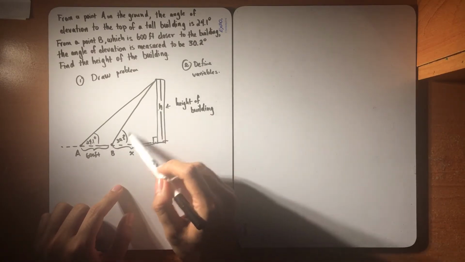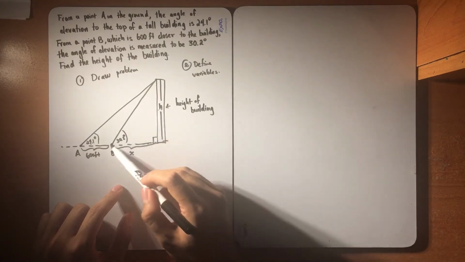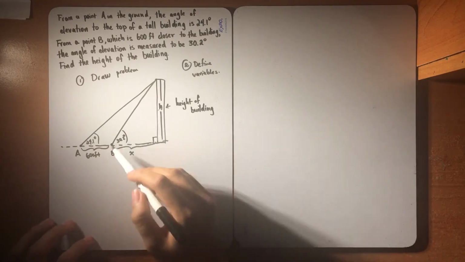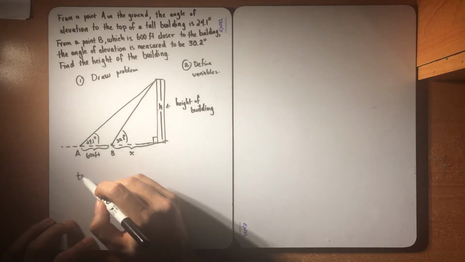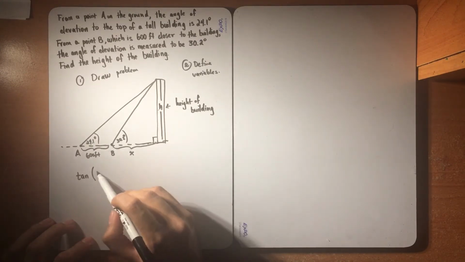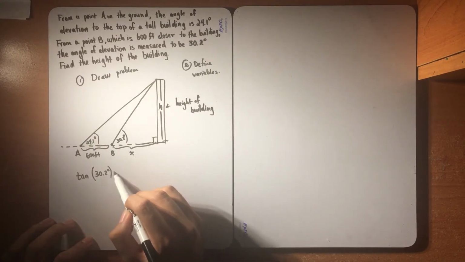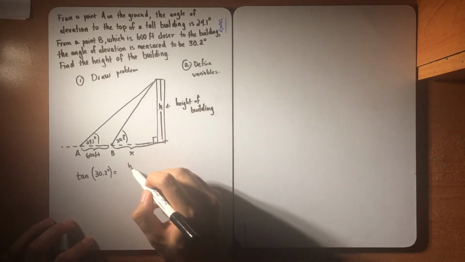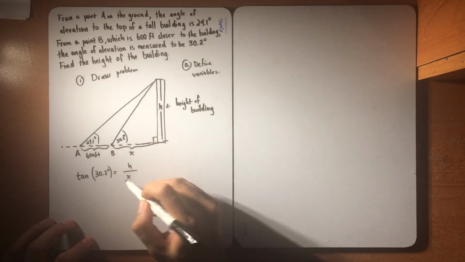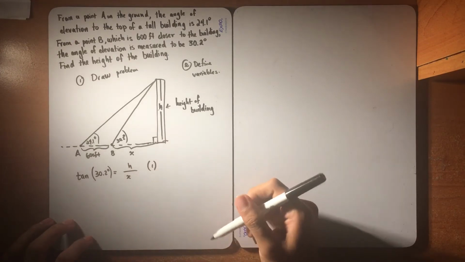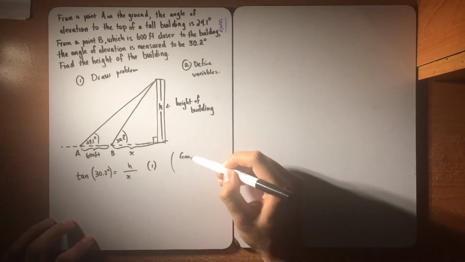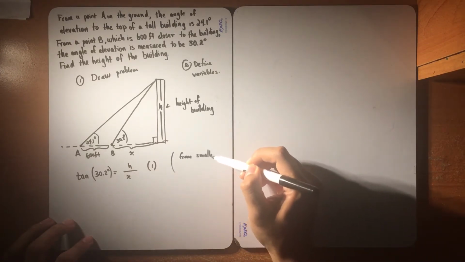So this angle here is opposite H and adjacent to X. So opposite over adjacent, we use tangent. Tangent of 30.2 degrees equals the opposite side, which is H, and the adjacent side, which is X. So this is my first equation. And this comes from the smaller right triangle.